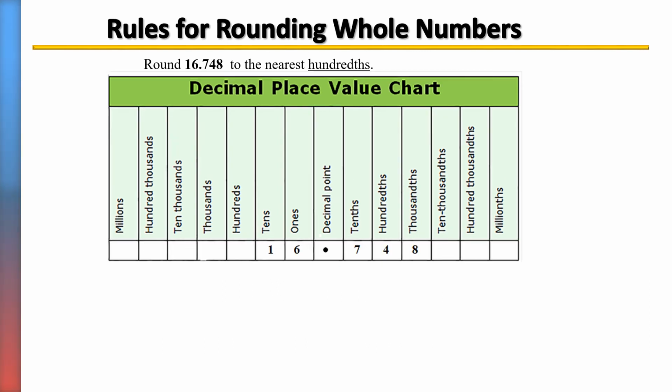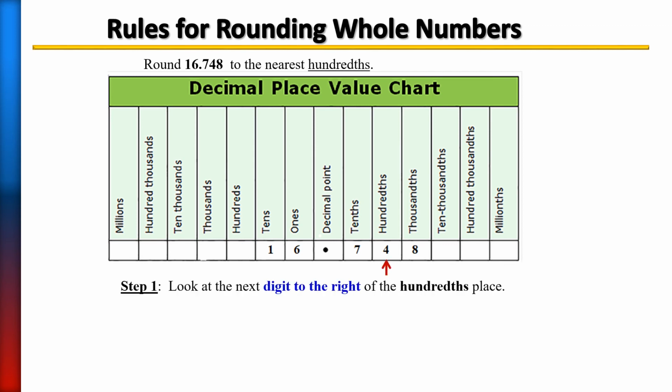In this last example, we're asked to round 16.748 to the nearest hundredths place. Step 1 is to locate the hundredths place, which is 2 digits to the right of the decimal, where the number 4 is. Now we look to the right of that, and that is where the 8 is.